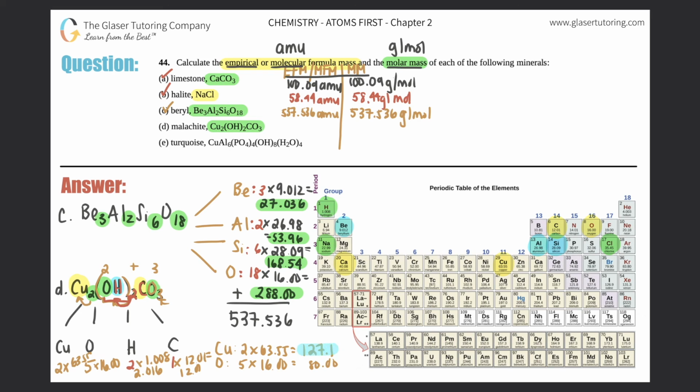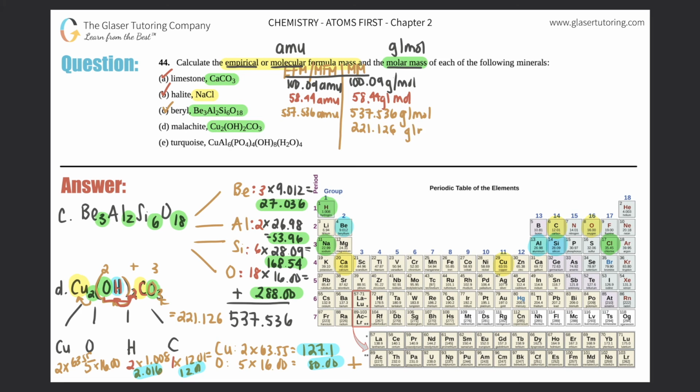So it would be the copper, the oxygen, the hydrogen, and the carbon. We all add them up, right? So 127.1 plus 80 plus 2.016 plus 12.01. And you get, I'll put it up top here, 221.126. So it just depends.